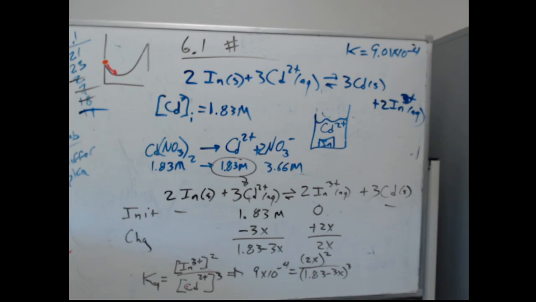There's lots of situations where it could be a problem, right? And so what we're going to do is use the approximation and check if it was good or not. The fact that it's 3x, the fact that there's the cube and a square here, there's a lot of things that could get in the way of this being a good approximation. The textbook has an example where if the ratio is less than 400, you're good.